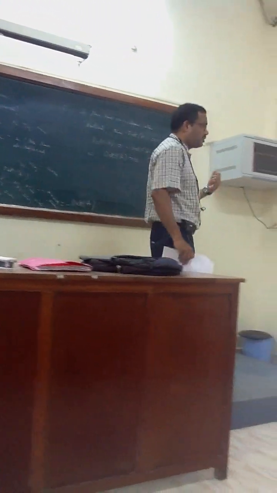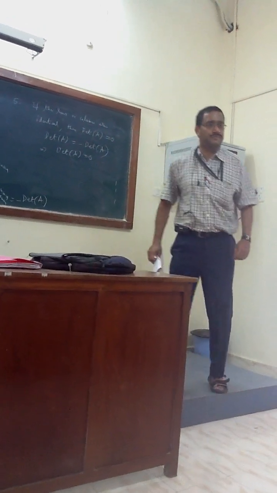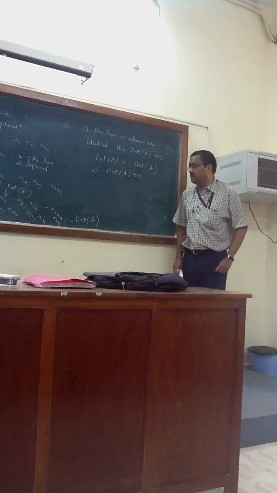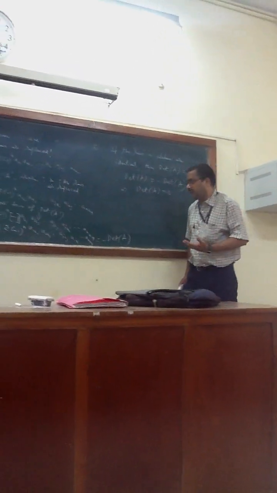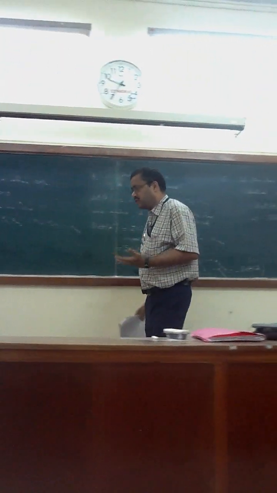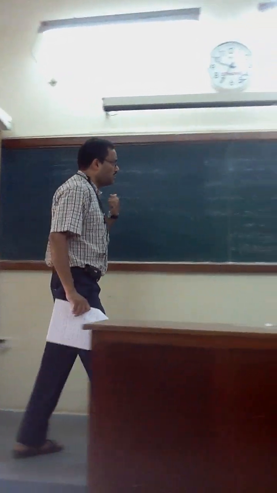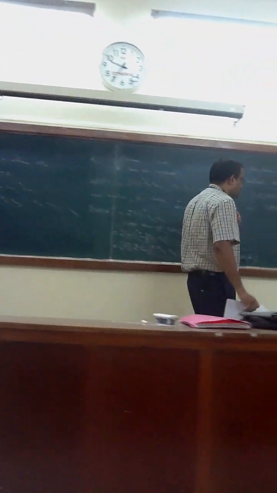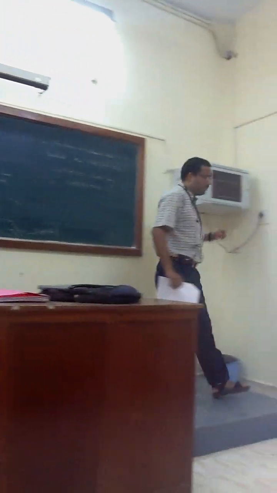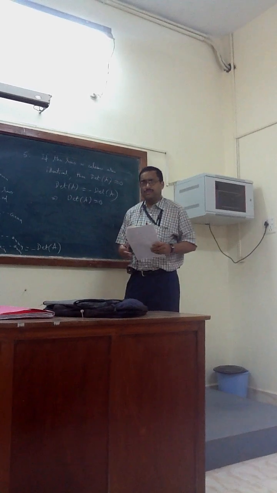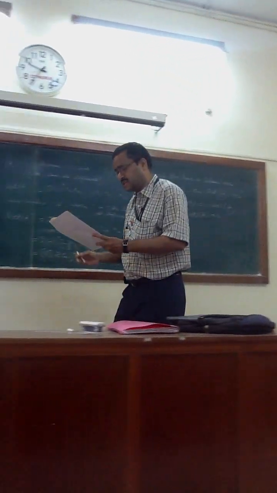So determinant of A equals minus determinant of A, the same effect, so it has to be 0. If you are not able to visualize, you can take a 2 by 2 or 3 by 3 system of your choice and get the answer.